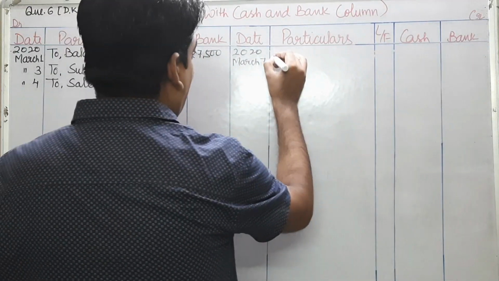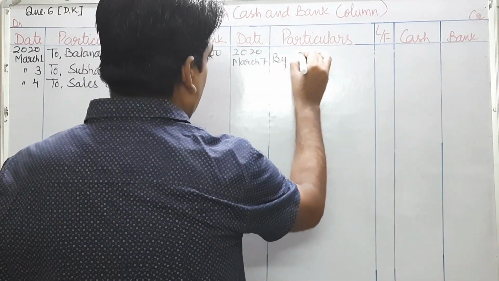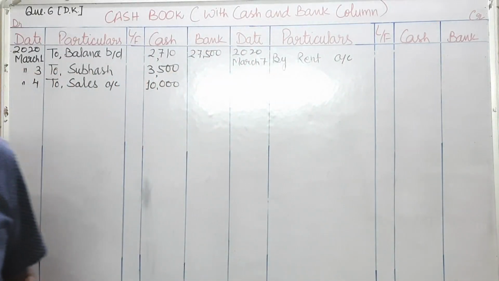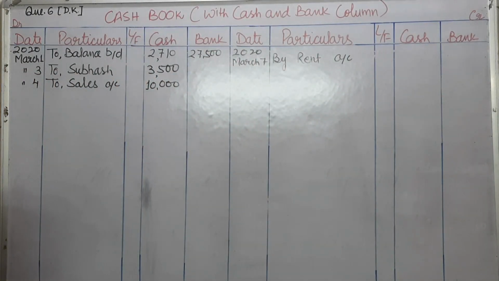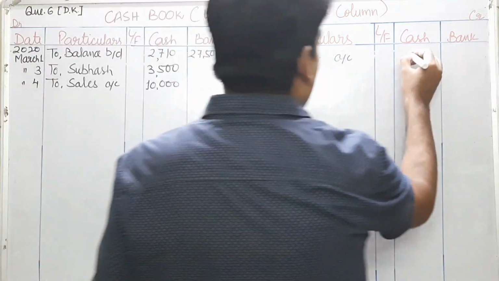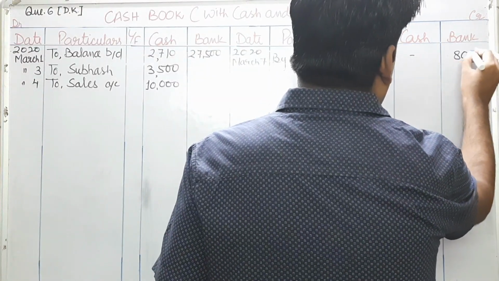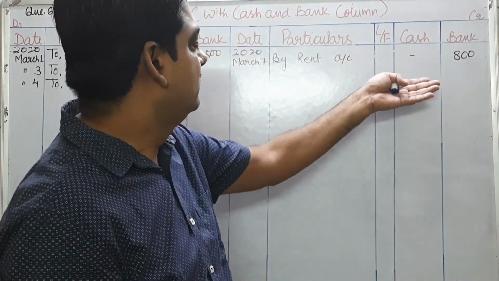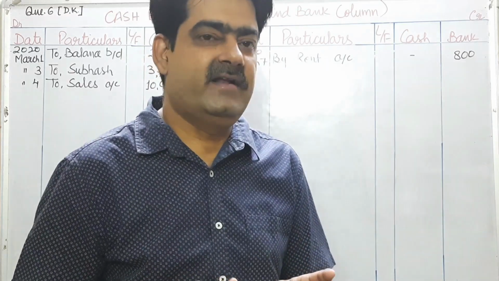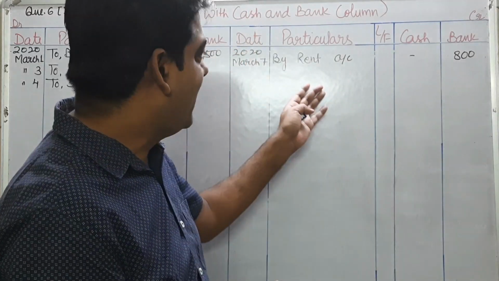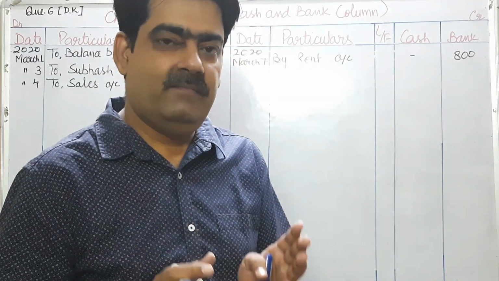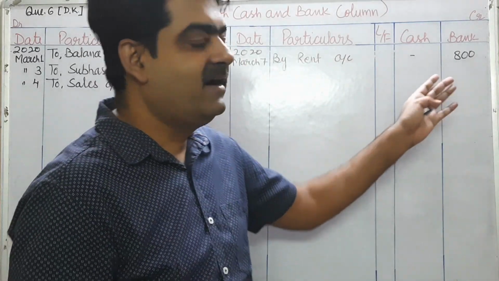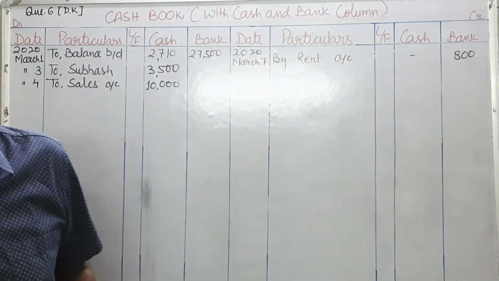Treatment will come in the credit side by rent account, and the amount of rent is 800, and this amount will come in the bank column. Now a question may arise in your mind, why have I written this amount in the bank column? Because, my dear students, we are paying rent by check. So entry will be rent account debit to bank. Our bank balance will reduce. In this case we will write the treatment in the bank column.